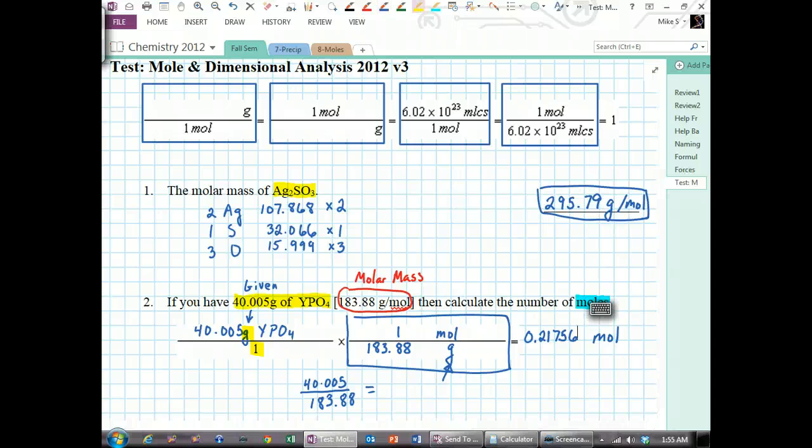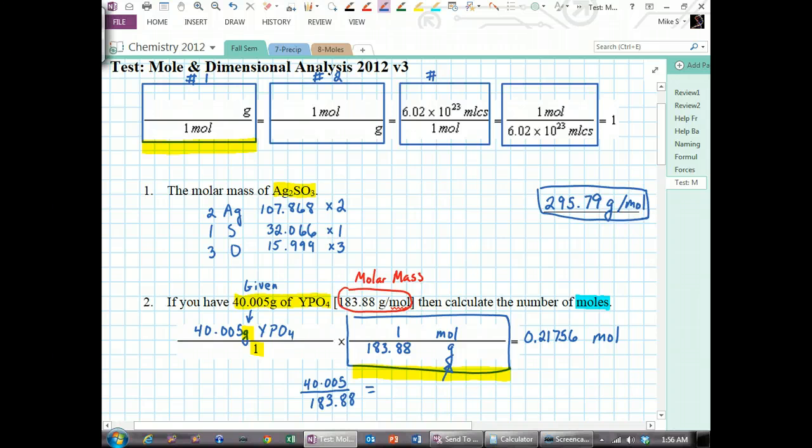I also want you to understand that in this unit there's only 4 possible fractions that you could use when you're putting something in one of these fractions. The 4 possible fractions are up above on your test. Fraction number 1 is your molecular weight, and then fraction number 2 is your molecular weight or molar mass, except the molar mass is going to be on the bottom.